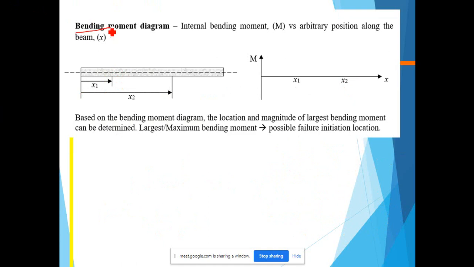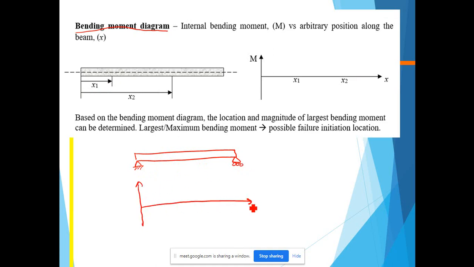So what is the bending moment diagram? Same as the previous slide. If we have a beam, and then we are going to draw the bending moment diagram, which means internal bending moment versus x, an arbitrary position. x means any point in the beam.